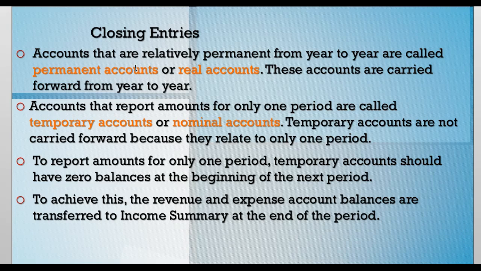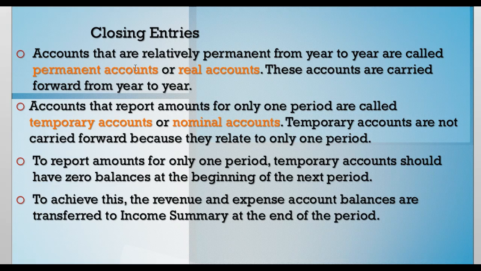The other accounts, which are on the income statement, because they are gathered and tallied from period to period, after a period ends, they have to be taken to zero, balanced out.